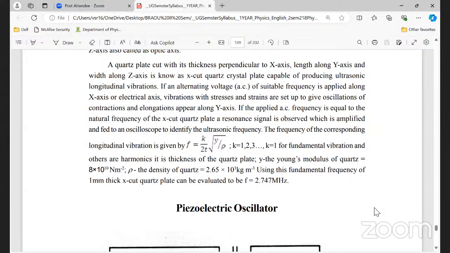The applied frequency, suppose AC 50 Hertz, if it equals the natural frequency, you can observe the same phenomenon as in the sonometer or the volume resonator experiment. There the frequency of the tuning fork equals the natural frequency of the air, then resonance takes place. In resonance, you get maximum vibrations.